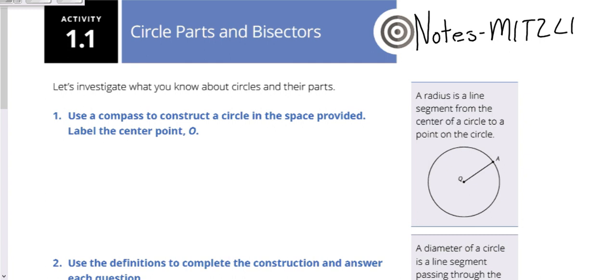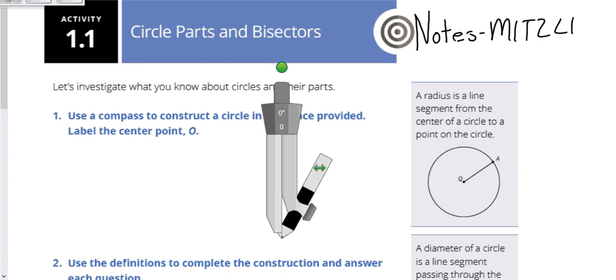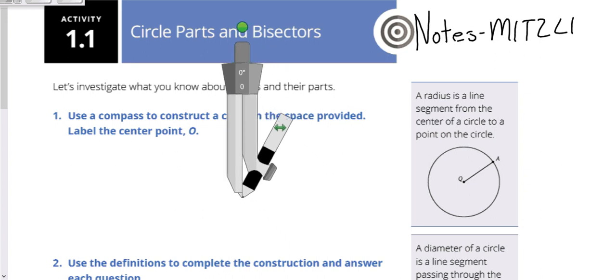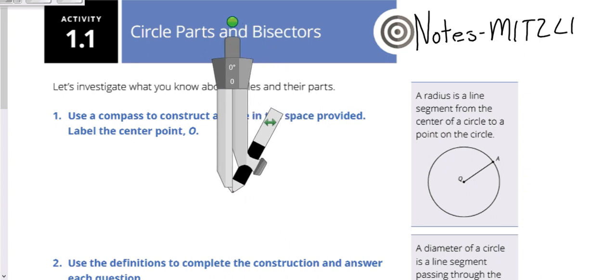All right, so we need to get our compass, and I'm going to put it about in the center here. In fact, you have to label the center point, so I'm going to label a little center point here so that I can work off of this.